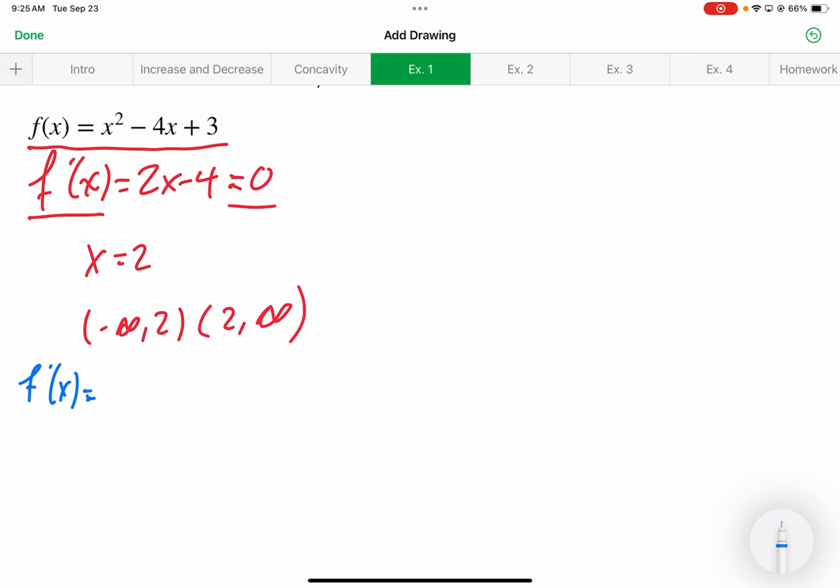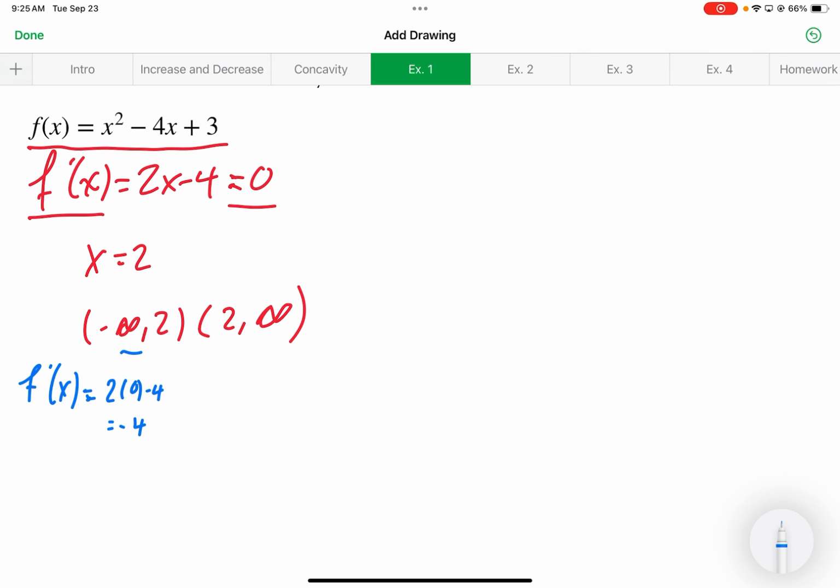Plugging 0 into my first derivative, 2 times 0 minus 4 gives me negative 4, which means my first derivative is negative on that interval. All other values will be negative, because I already charted out my x-intercepts, and that's where it switches from positive to negative, on either side of the intercepts. So everything from negative infinity to 2 is going to be a negative output in my derivative.